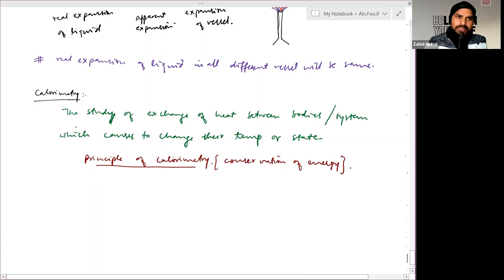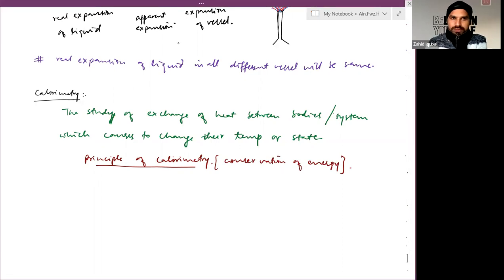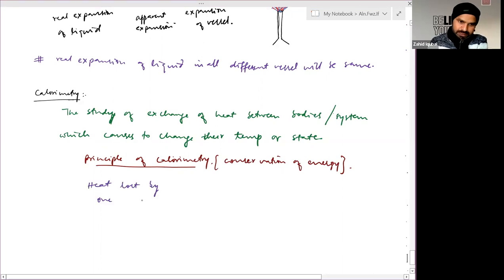It states that heat lost by one body must equal heat gained by another body.